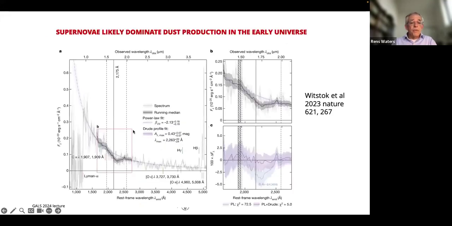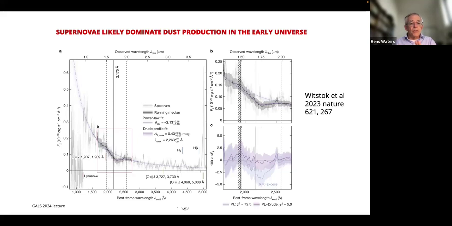However, there was a recent observation of a distant galaxy in which people have been able to observe carbon-rich dust at a very high redshift. These galaxies are so young that it's very unlikely that red giants have been around long enough to start producing a lot of dust. So the dust you see in these very early galaxies must have been due to massive stars that evolve much quicker and can also produce dust in supernova explosions.